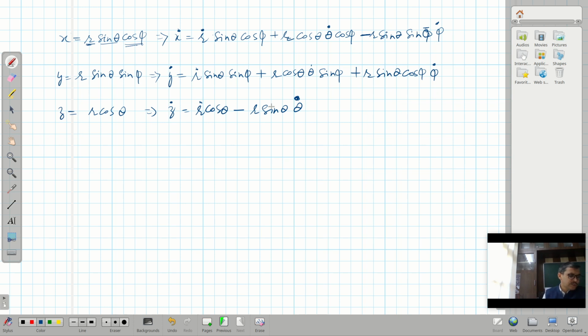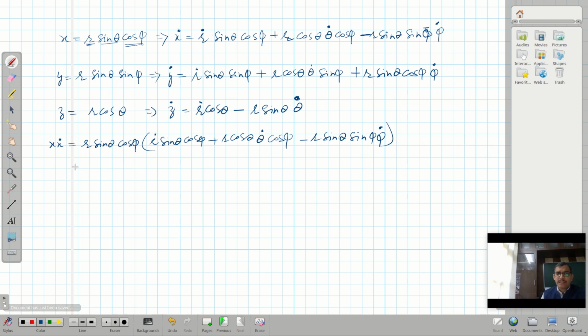So we will try to find x dot first of all. x dot is equal to r sine theta cos phi into (r dot sine theta cos phi plus r cos theta theta dot cos phi minus r sine theta sine phi phi dot). Let us multiply this.